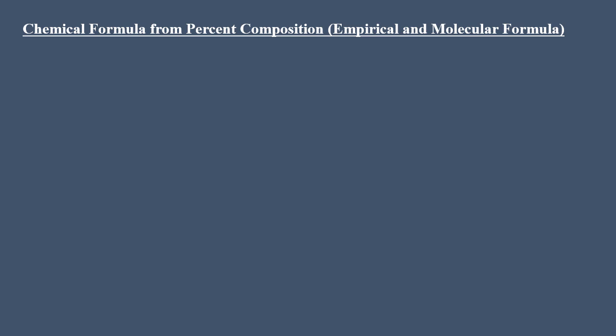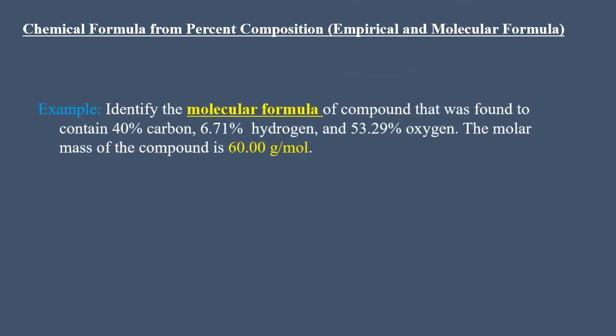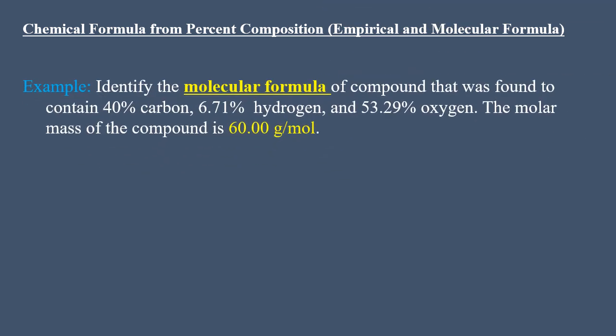So let's have an example. Identify the molecular formula of the compound that was found to contain 40% carbon, 6.71% hydrogen, and 53.29% oxygen. The molar mass of the compound is 60.00 gram per mole.